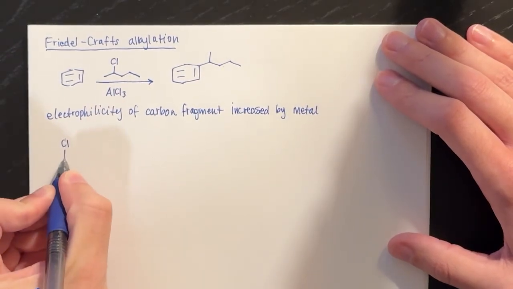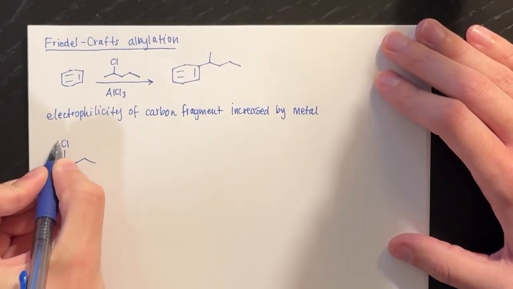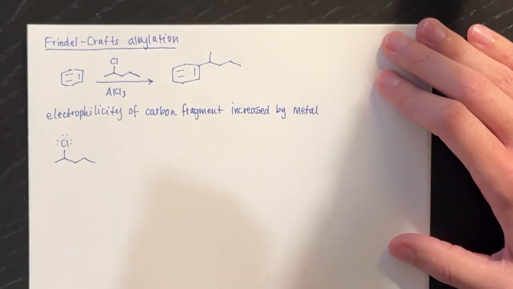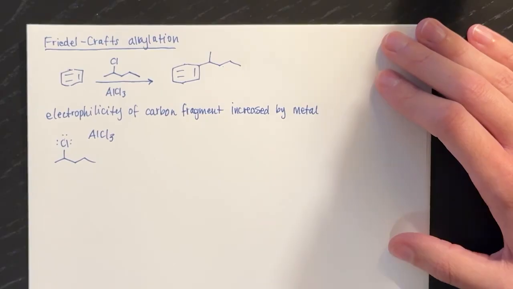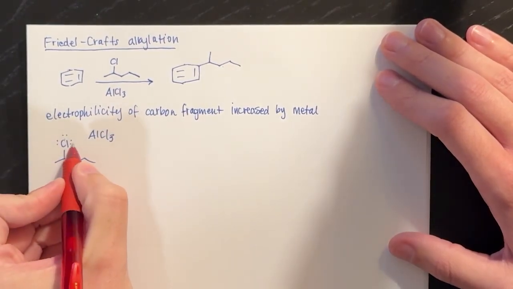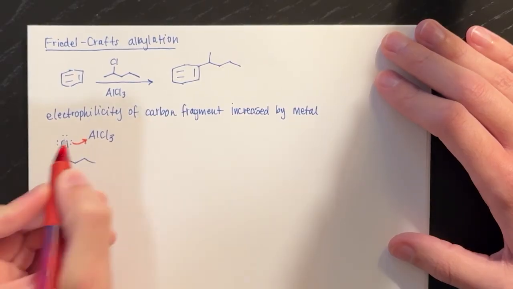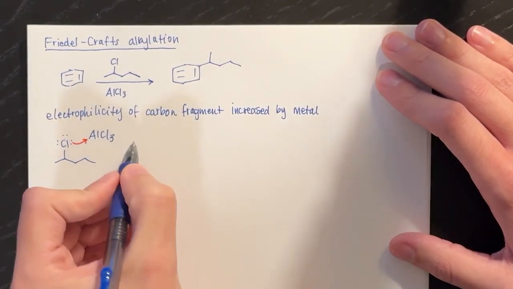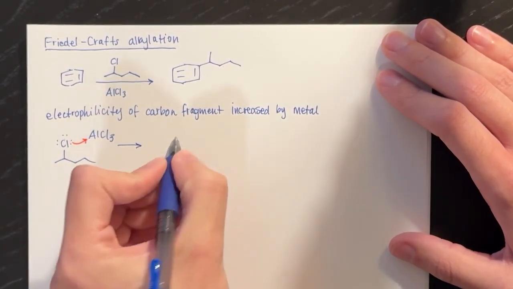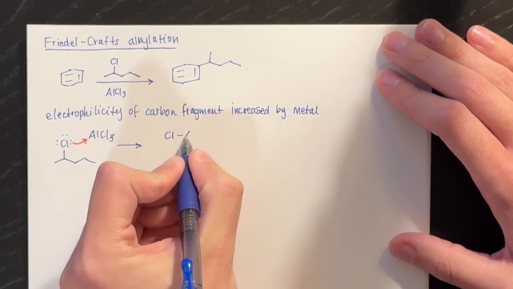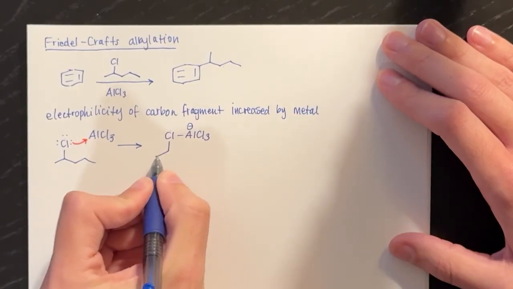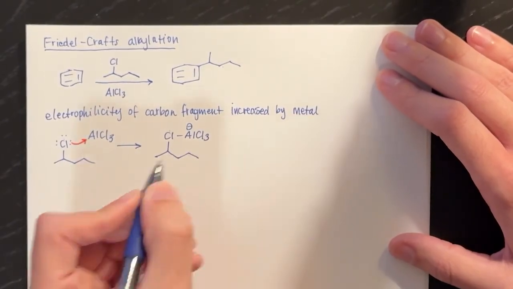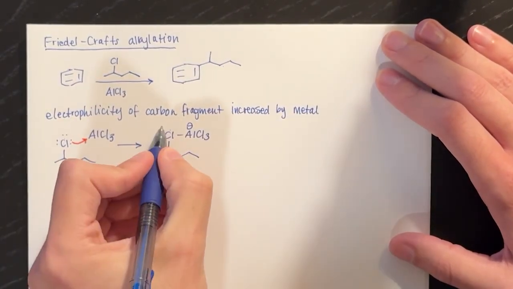So we'll start with our alkyl halide, and we have AlCl3, our metal catalyst. We're going to, just like we did with halogenation, make a bond to that metal. So we've got this.